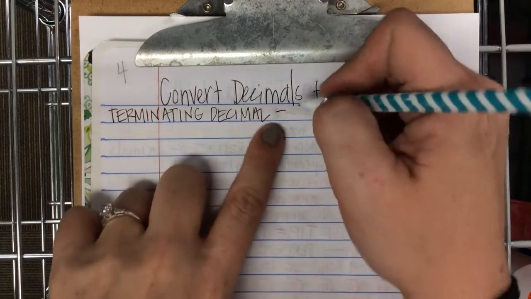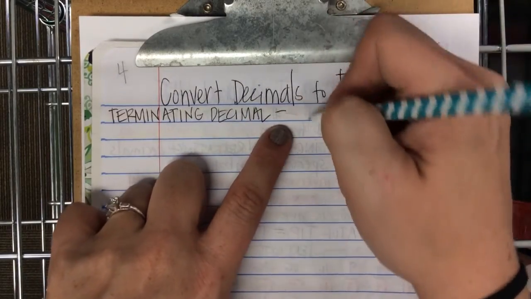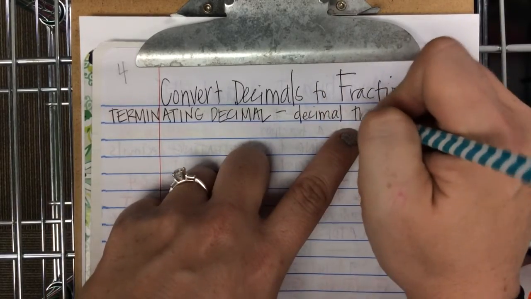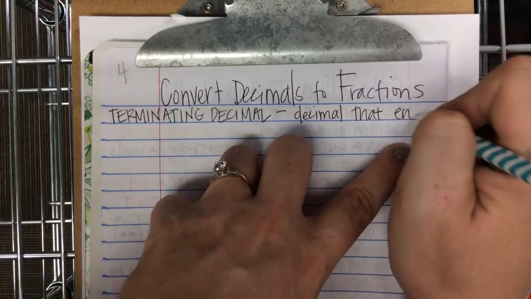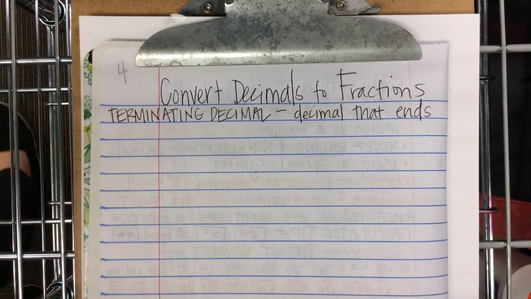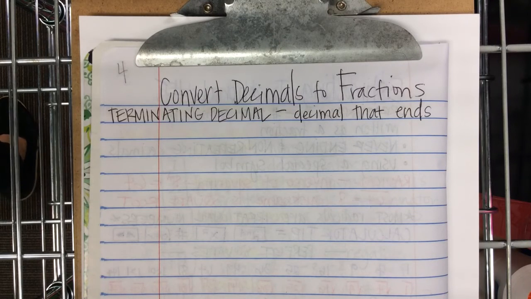A terminating decimal is a decimal that ends. It comes to a stop.